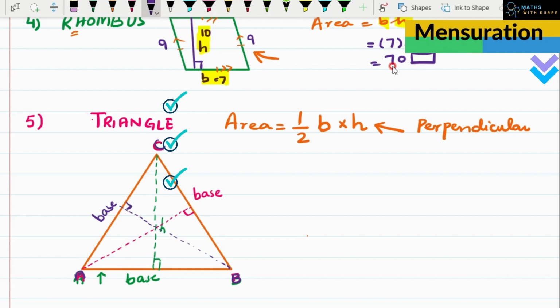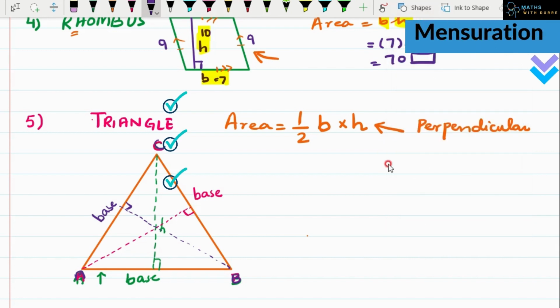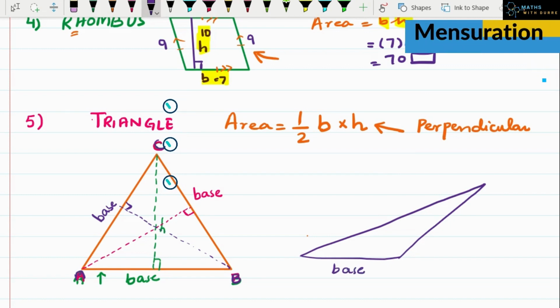What if I have a triangle of another type? For example, let me draw it. An obtuse angle triangle. Where is the height of this shape? If I'm considering this side as the base, where is the height then?